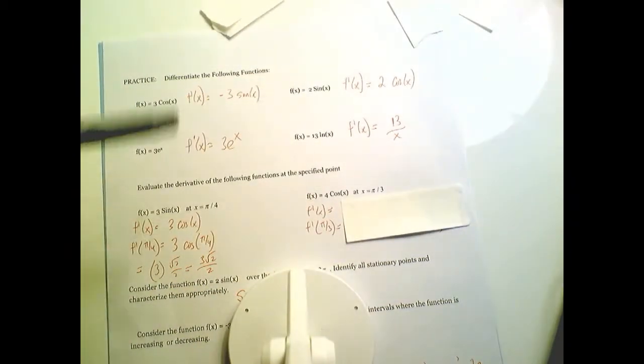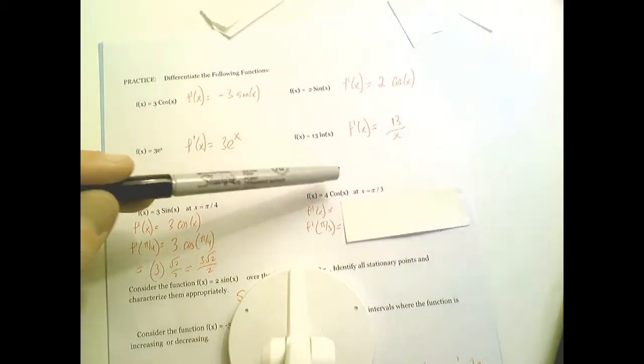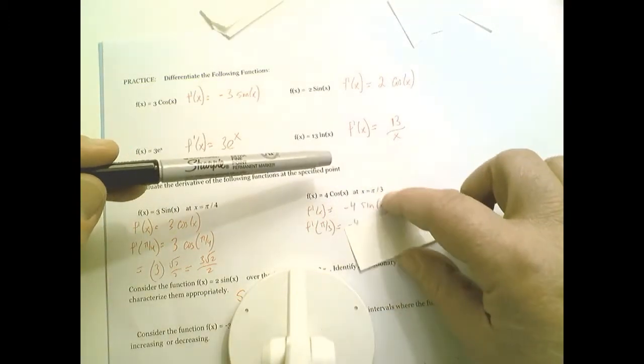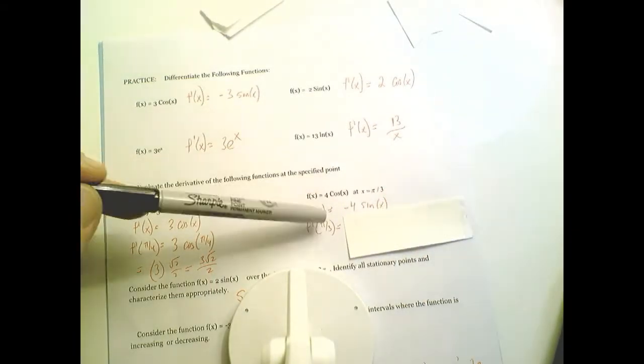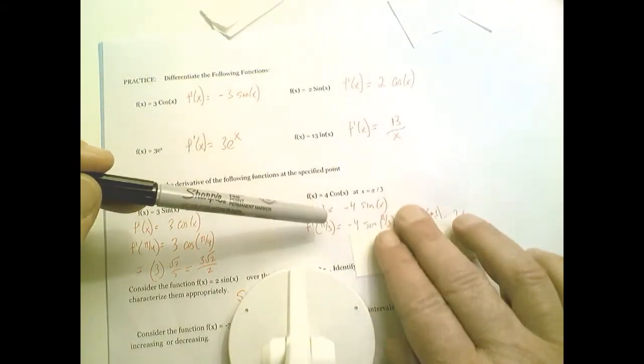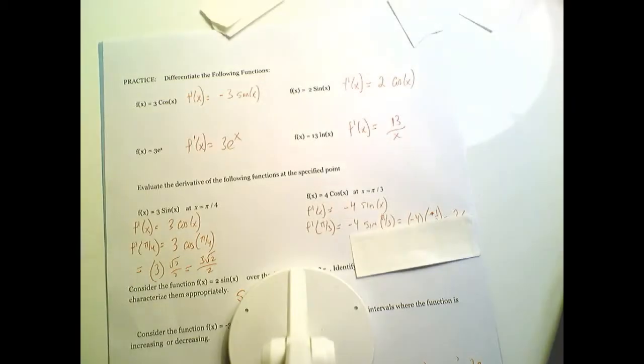F of x equals 4 times cosine of x at x equals pi over 3. Our derivative is 4 times the derivative of cosine, negative sine. Negative 4 sine of x. Plug in pi over 3: negative 4 times the sine of pi over 3.